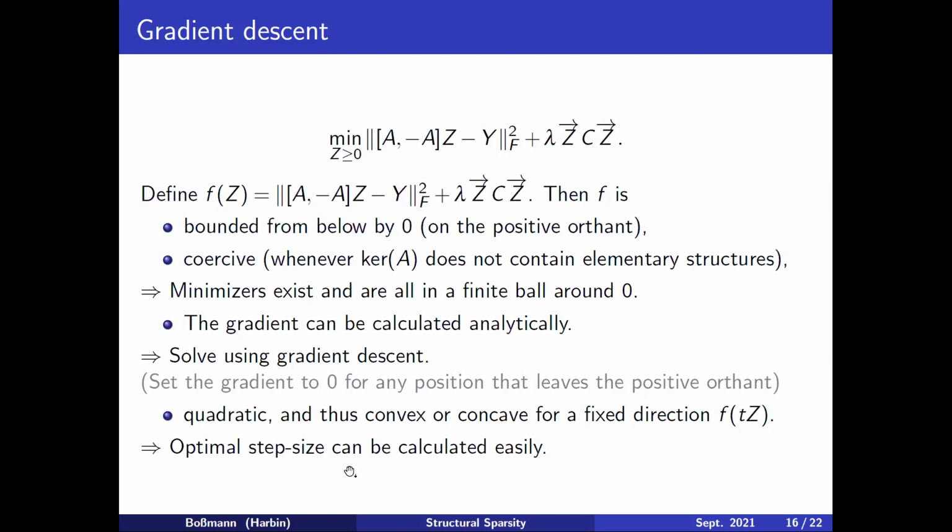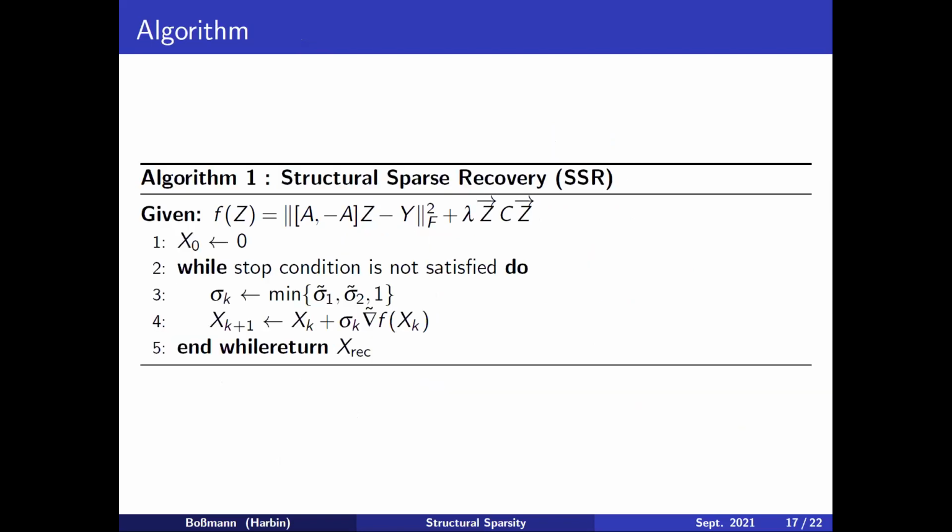If it's convex, we can just minimize this term here. And if it's concave, then we know that the optimal step size will just bring us directly to the boundary. So although this is non-convex, we can still handle it quite nicely.